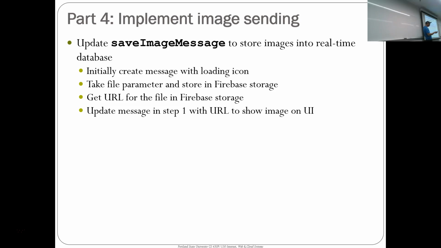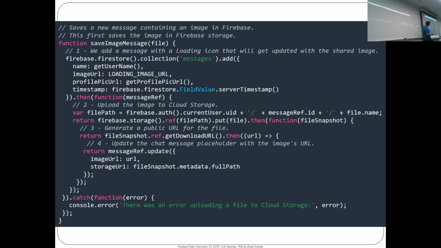So that's what the code is doing. This is the code for doing that. So it adds into the messages collection the username, the image URL, a profile pic, and the timestamp, as you saw before. So instead of the text, it's got the image because you sent it an image.